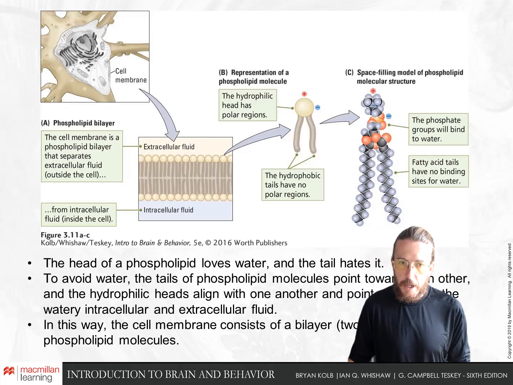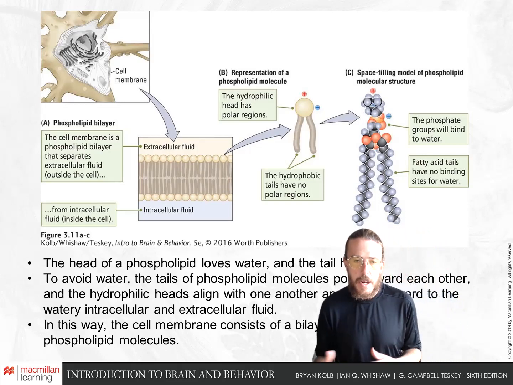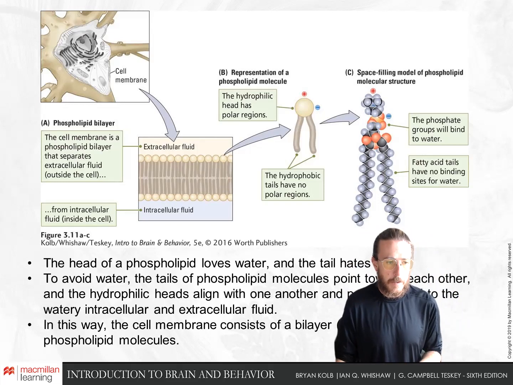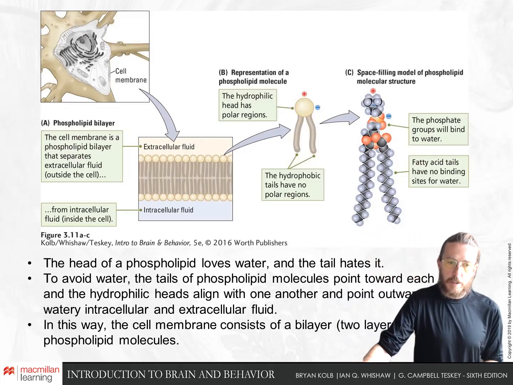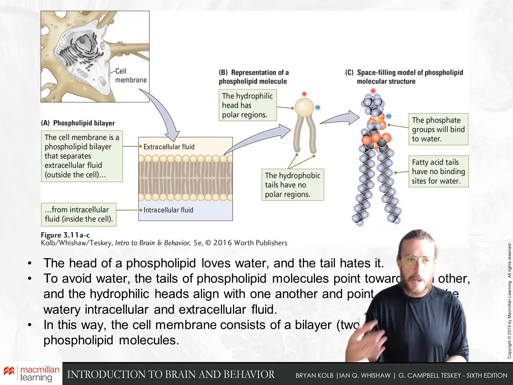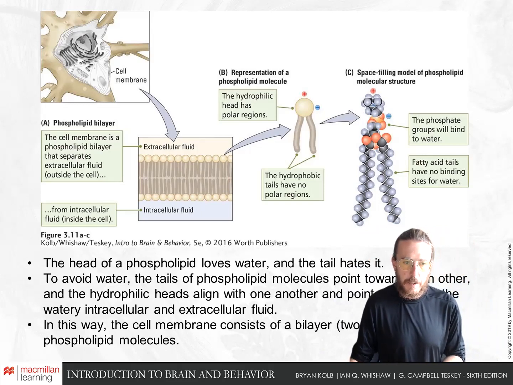Basically, there's no free electron spots in any of these molecules for any other molecules to bind to, but on the top there is, and water can be attracted to those areas. So this bilayer membrane separates the intra and extracellular fluid.